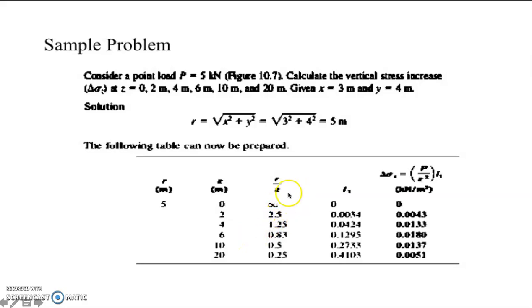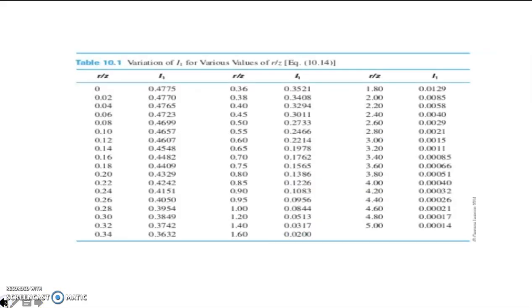For example, if the ratio of r over z cannot be found in the table, you may interpolate. For example, r over z is 2.5, but we don't have 2.5, we only have 2.4 and 2.6.